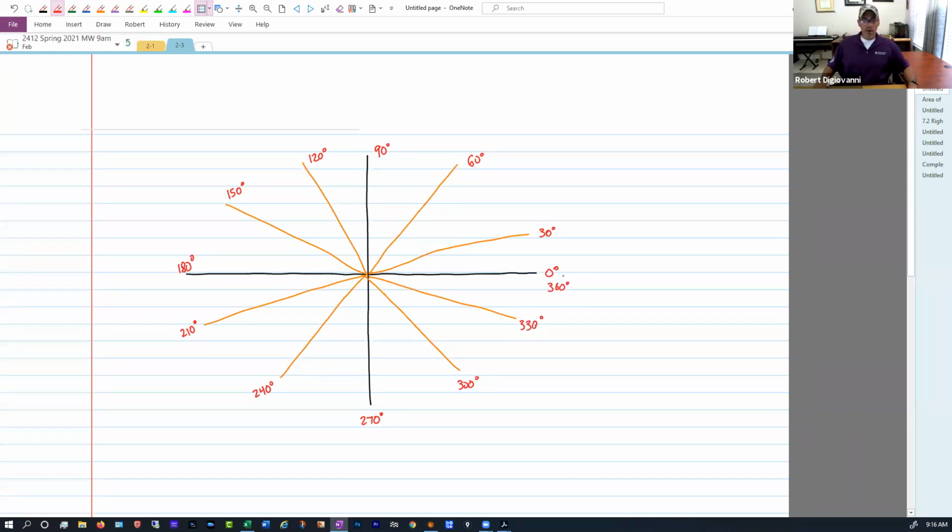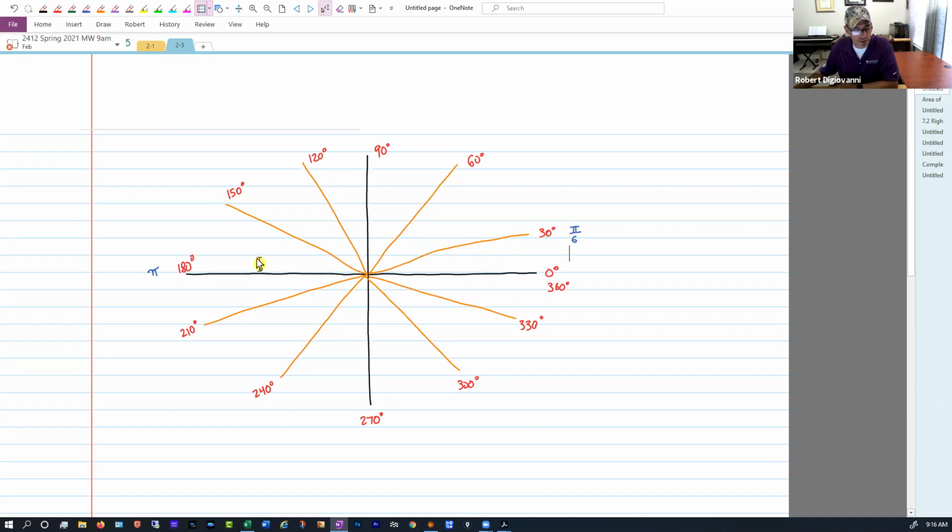Okay. Now in radians, though, we need to figure out how we're going to go around here. All right. So we should know already that all the way to the other side, 180 degrees is pi, right? And we have cut pi into 1, 2, 3, 4, 5, 6 equal sections. So 30 degrees should correspond to pi divided by 6. Does that make sense?